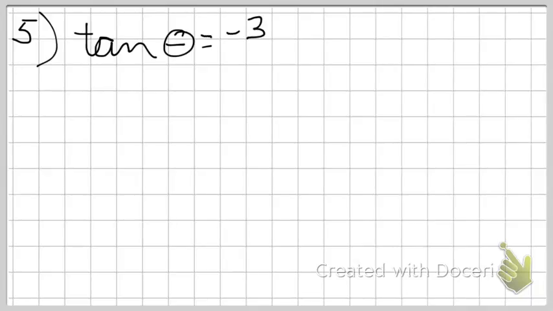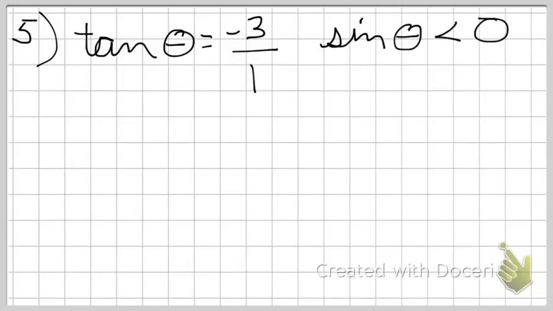Now, number 5. Here they told us that the tangent of our angle theta was equal to negative 3. Well, we could think of that as negative 3 over 1. And they also tell us that the sine of our angle theta is less than 0.